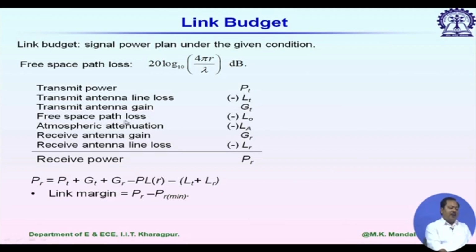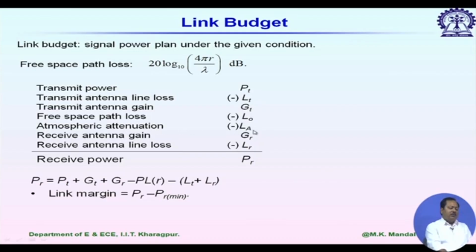Free space path loss expression is given above, it is negative. If we increase separation, path loss will increase, received power will decrease. Similarly, if we increase frequency, that means decreasing lambda, received power will decrease. So, we have a negative contribution.